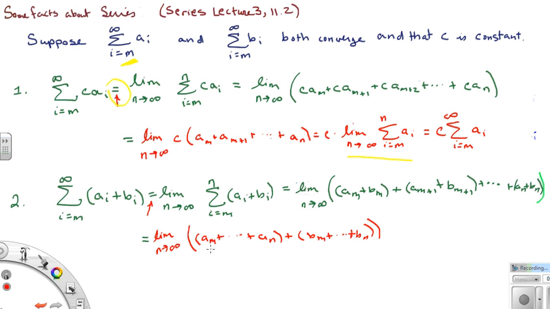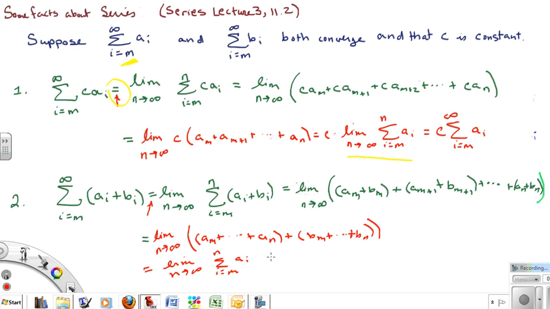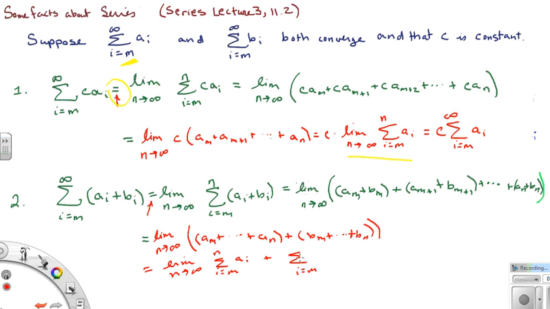And the thing is, these are the two partial sums. And I'm assuming that the limit of each of these is finite, so I can separate that into two limits. The limit as n goes to infinity of the sum i equals m to n of a_i, plus the limit of the sum i equals m to n of b_i.